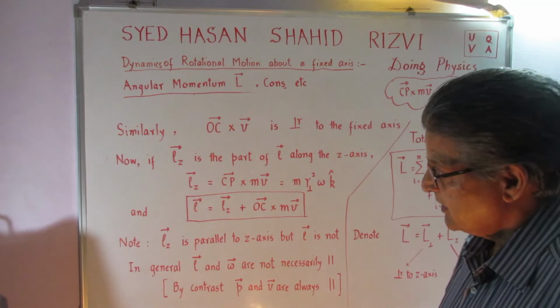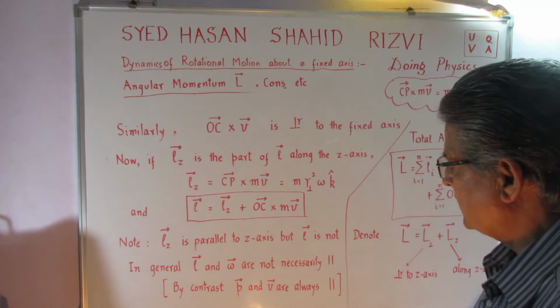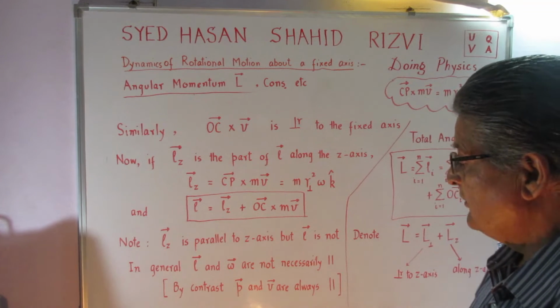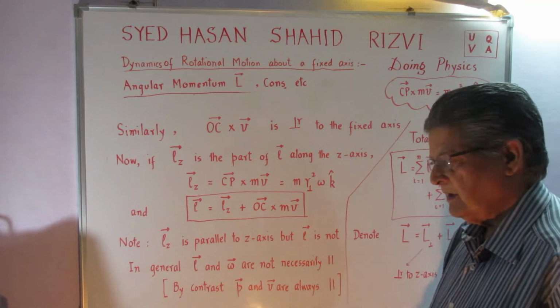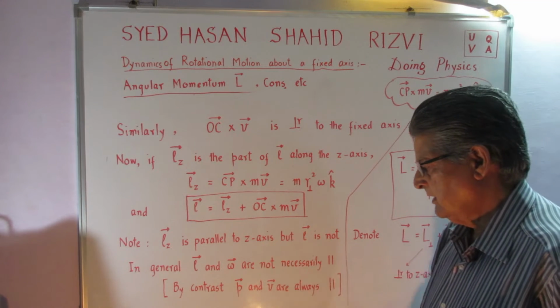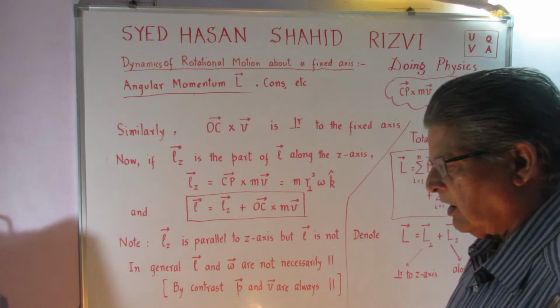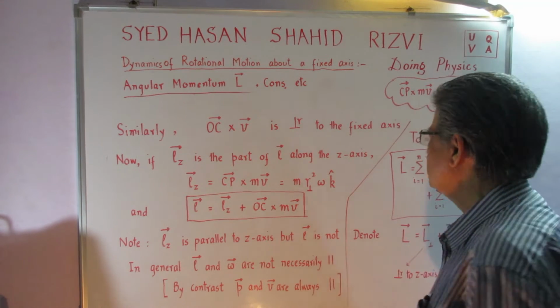I repeat, in general, the angular momentum and the angular velocity are not necessarily parallel. If we compare that to the case of translatory motion, we find that P, the linear momentum, and V, the linear velocity, are always parallel to each other by definition, because P is equal to mv.